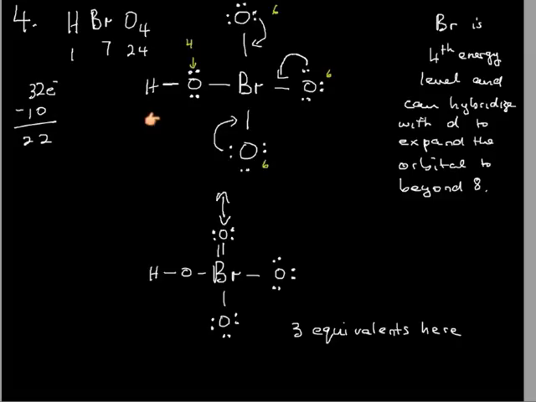Now, in my next video, I will talk about the formal charges, and it is possible to calculate the formal charges of each of these atoms and predict whether your suggested scenario or your diagram of the molecule is reasonable. Last one, question 5.